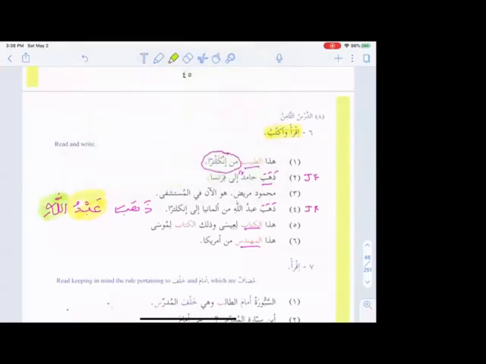Here is another joke I remember from Dr. Saab, Dr. Abdul Rahim, when he was teaching this. Zahaba Abdullahi. So he said Zahaba fi'al and Abdu is the fail and Lahi is mudaf ilayhi.